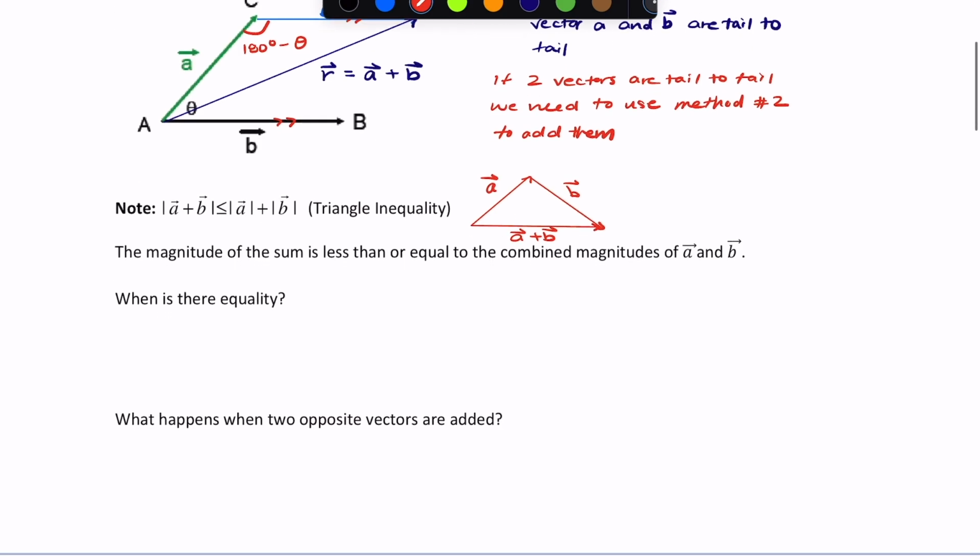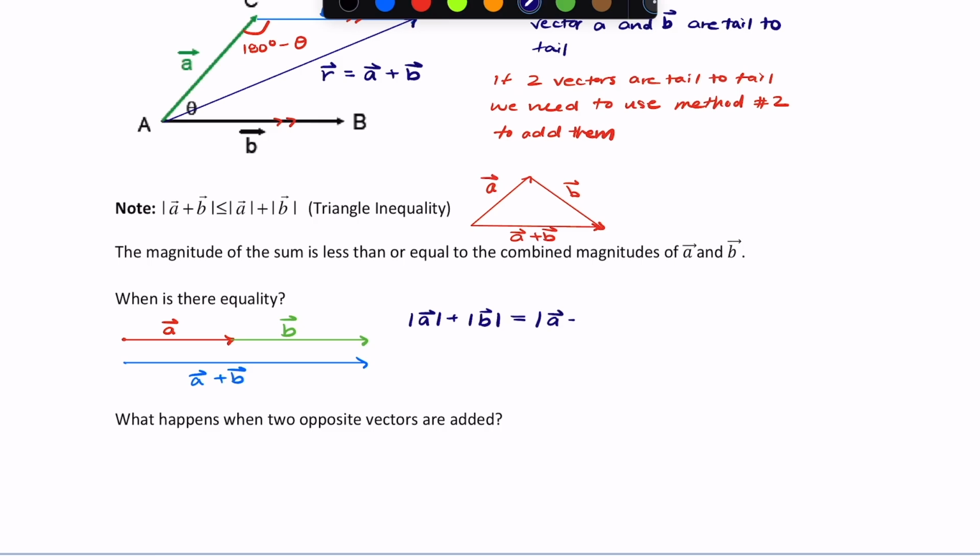If we draw vector A and vector B together in the same direction, then we see that the magnitude of vector A plus vector B would be equal to the sum of the magnitudes of vector A plus B.